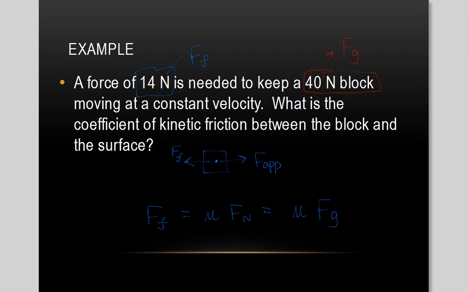So what do I have to do to solve for the coefficient of friction? Divide out the force of gravity. So it's just the force of friction divided by the force of gravity. 14 divided by 40 to two significant digits is 0.35.